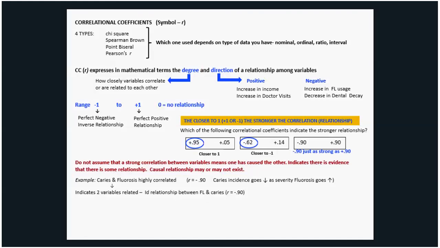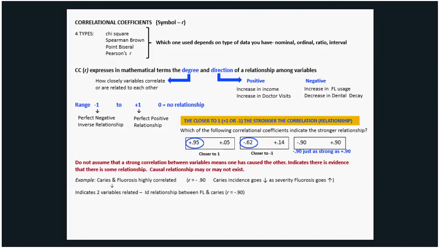But when they were first studying this back in the 40s, they didn't realize that it was fluoride that was causing a reduction in decay. The first studies were looking at fluorosed teeth and the incidence of tooth decay. They didn't know what caused fluorosed teeth, but they knew there was a relationship between fluorosed teeth and tooth decay.